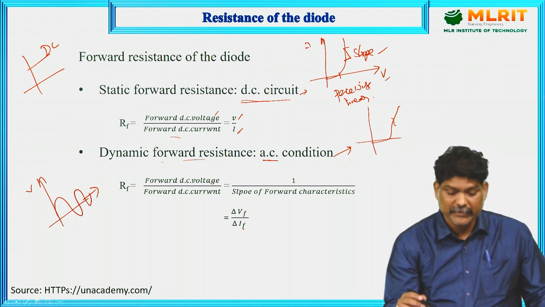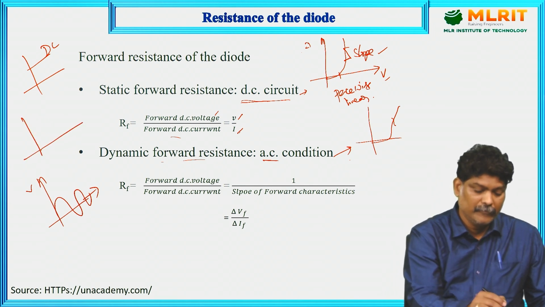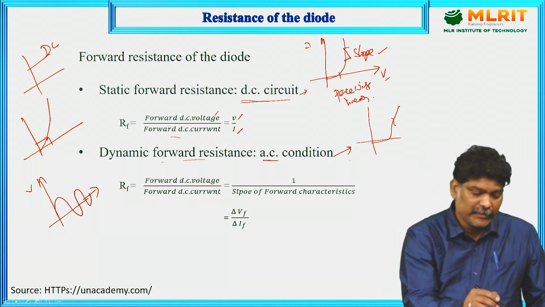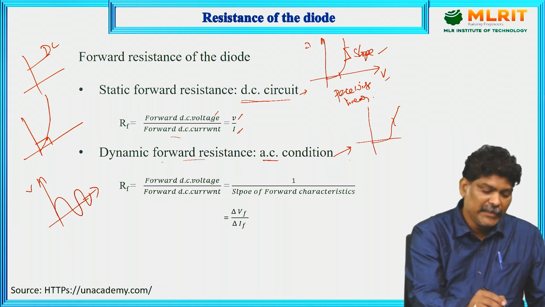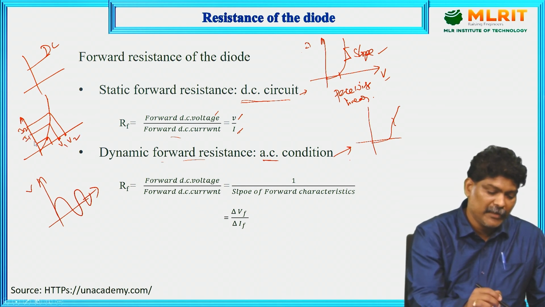That means, see here, this is your cut-in voltage. Okay. So, consider any two particular points on this curve. So, this is V1, V2, and I1, I2.